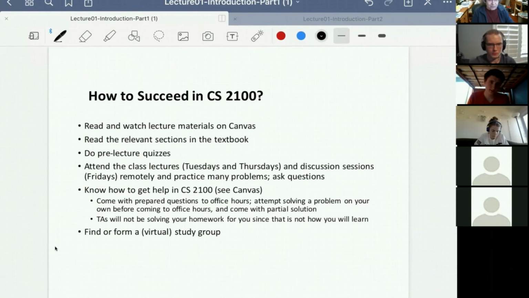All right, what else do we have here? Notice the TAs will not be doing your homework for you, since you don't learn that way if they just do it for you. But you can ask questions and get ideas about how to get help on that, or what ideas to pursue, or they might ask you questions.